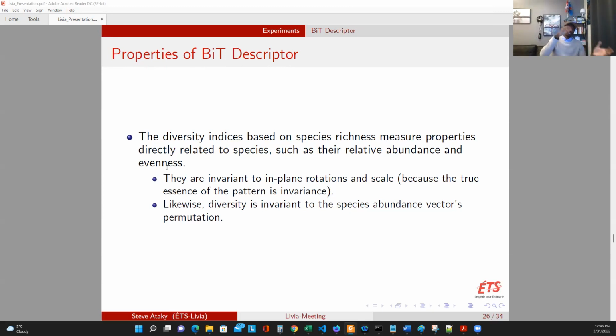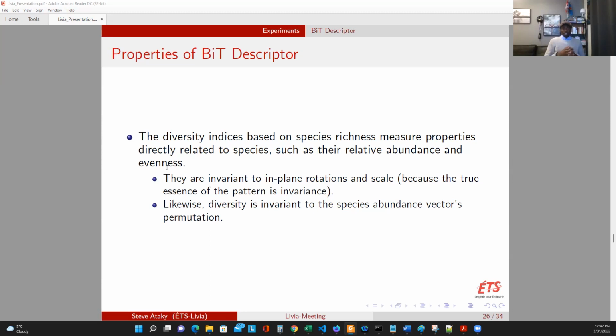Now, the diversity indices that we have shown here, based on richness properties, directly relate to species. They are naturally, in biology, invariant to in-plane rotation and invariant to scale, and diversity is also invariant to species abundance vector permutations.